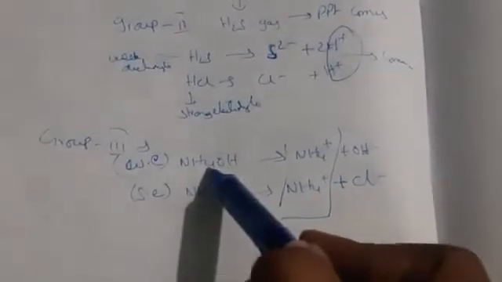And if you take group 5, in group 5 also we are going to take NH4OH and NH4Cl. And group 6 also you are going to take NH4OH and NH4Cl. So everything has them, but only group 2 and group 3 are precipitating, and these have two common ions. Even group 4, group 5, group 6 have common ions, but they are not precipitating.